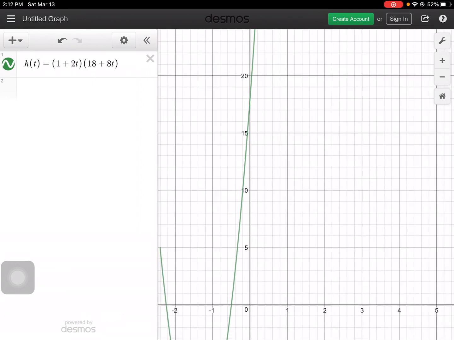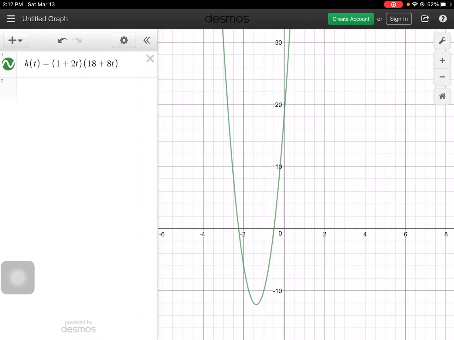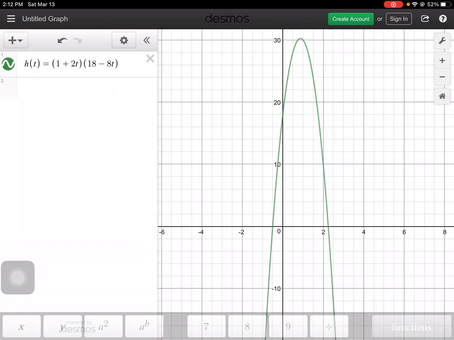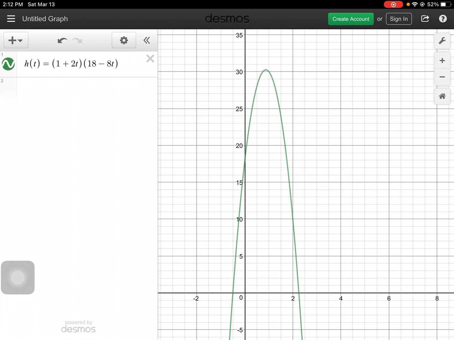So let's take a look at this graph. Oh, this should be a minus. Okay, that's better. So this is an arrow after it's shot out. It looks like it's going from a height of 18 feet to begin with.